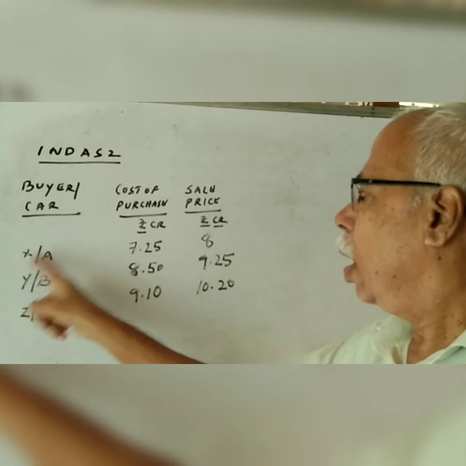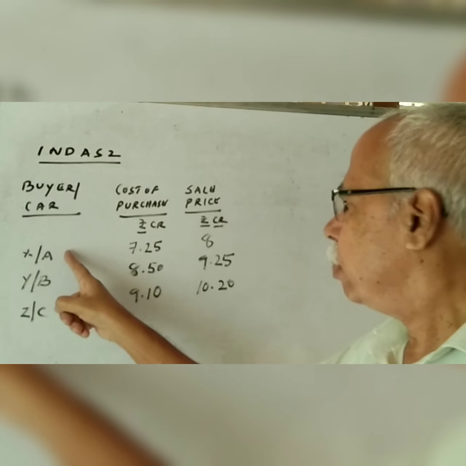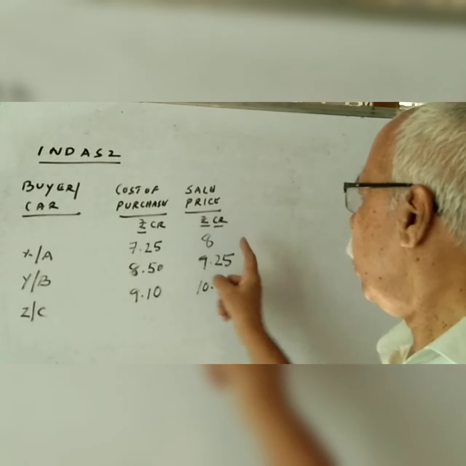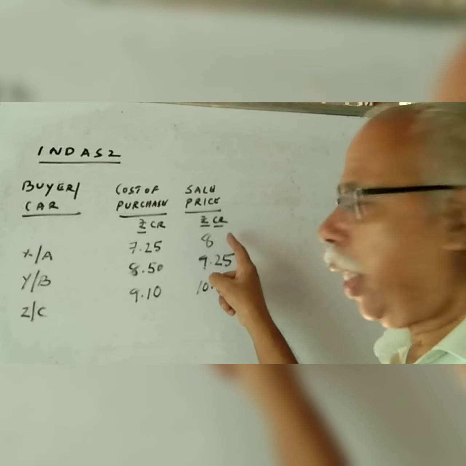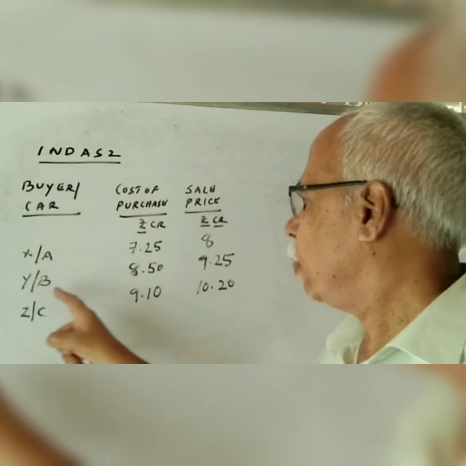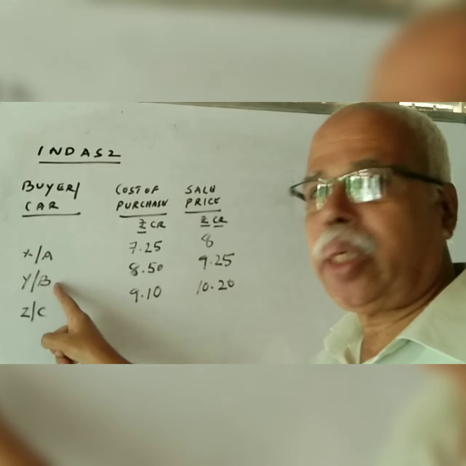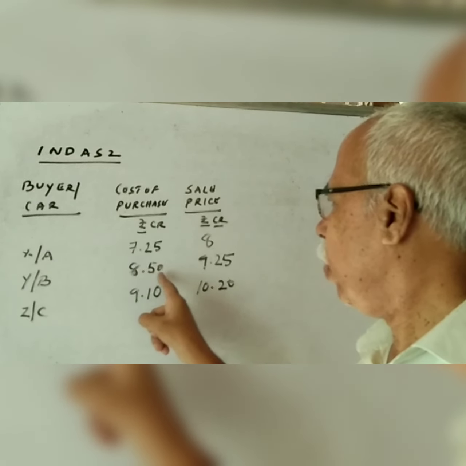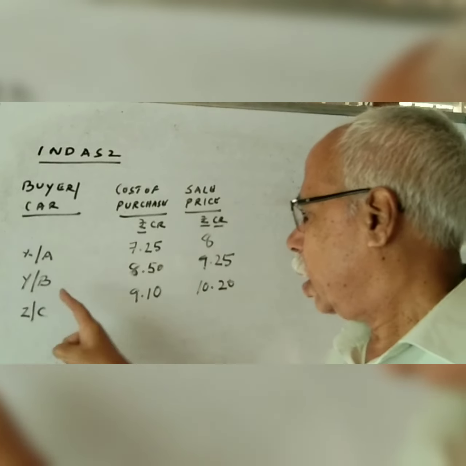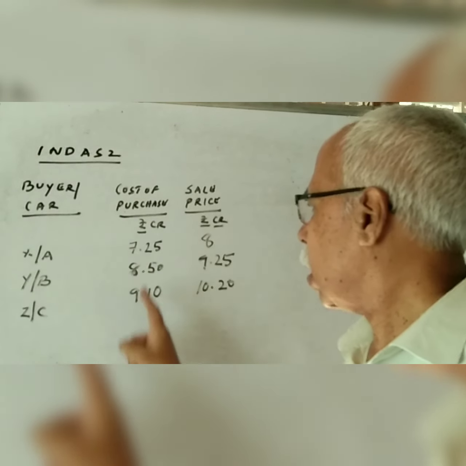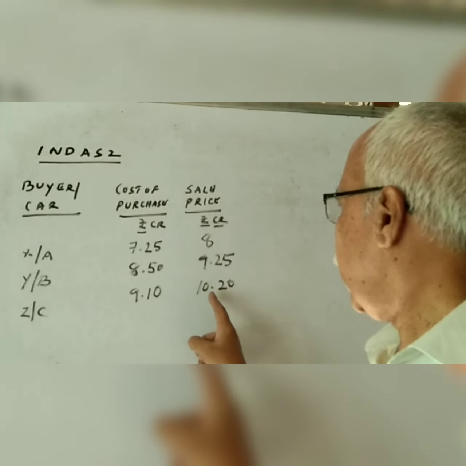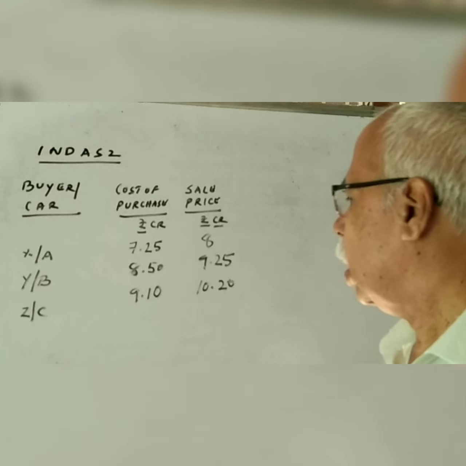X has ordered car A. The cost of purchase is 7.25, sale price is rupees 8 crore. These are rupees in crores. Y has ordered vehicle B, the cost of which is 8.50 crores and selling price 9.25 crores. Z has ordered C, the cost is 9.10 crores and the selling price 10.20.